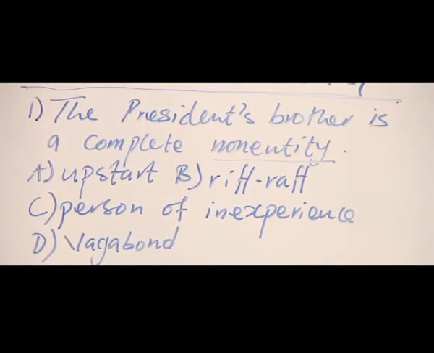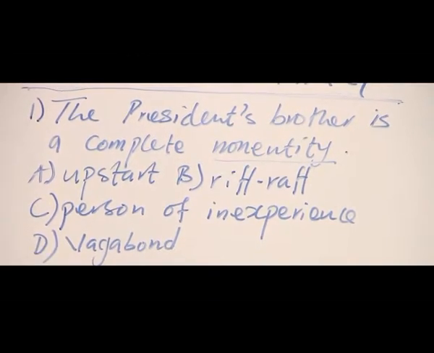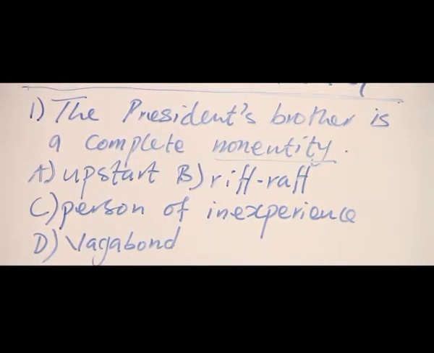So we move to D, vagabond. Should that be our answer? Vagabond, yes, is within that region, but it seems too extreme for the term nonentity. Because it is not just being not regarded as important, but somebody who is highly wayward, so wayward that the person may not be found in homes and all that.